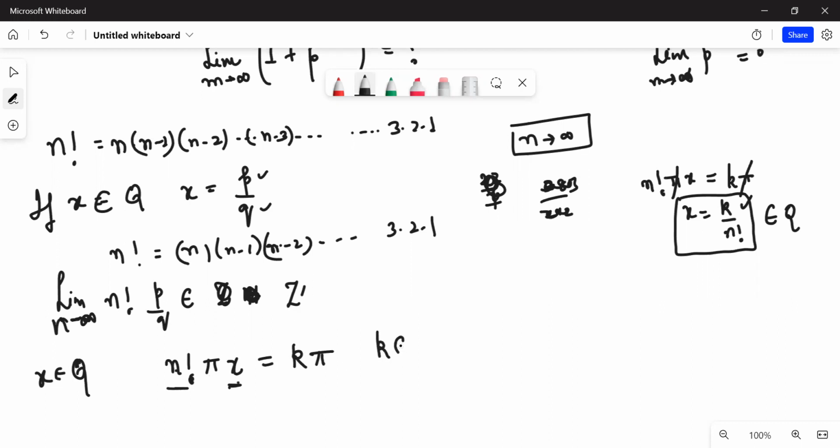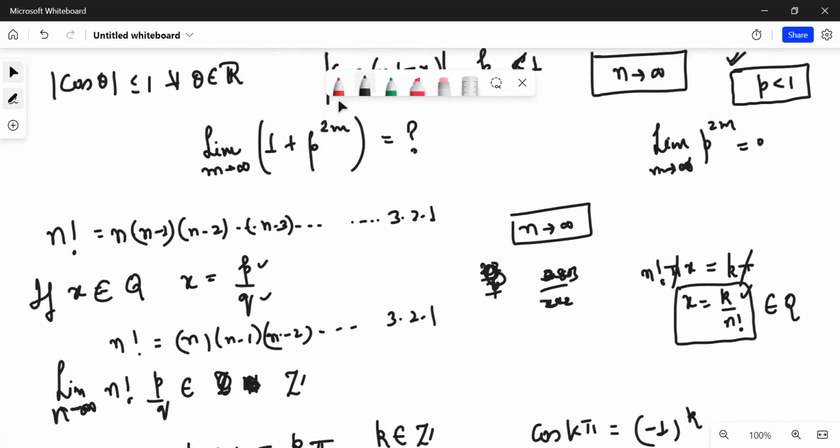And this will be equal to k pi, where k belongs to integers, isn't it? Now, what is cos k pi? You know that cos k pi is minus 1 to the power k. And what would be cos 2m k pi? It will be equal to simply 1. So this limit would then be equal to 1.